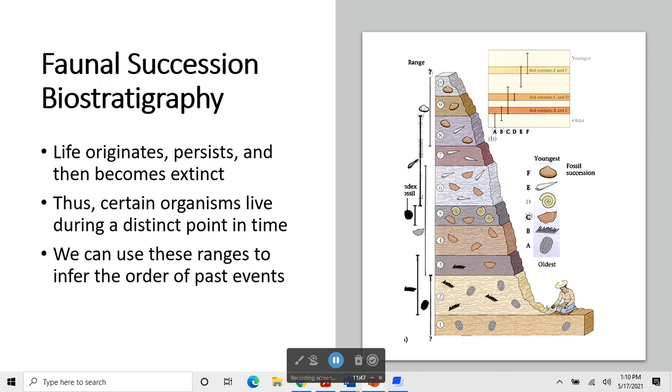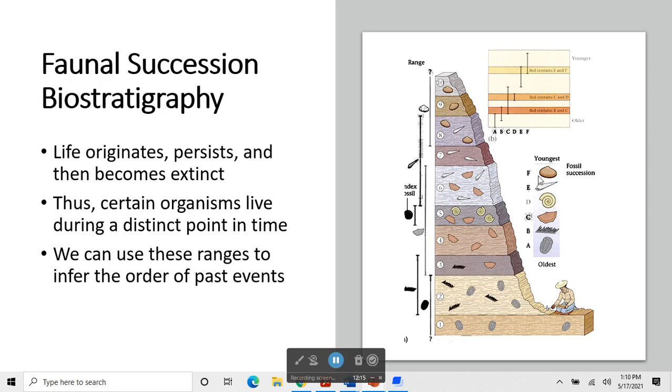So this is visualized on the right-hand side. We have a little gray fossil. This is called a trilobite. It's a relative of arthropods. They are extinct today, and they went extinct at a certain point in time in history. Above that, we have this reddish-brown color. It looks like a shell. This is called a brachiopod, and brachiopods, like trilobites, lived for a certain period of time and then went extinct.